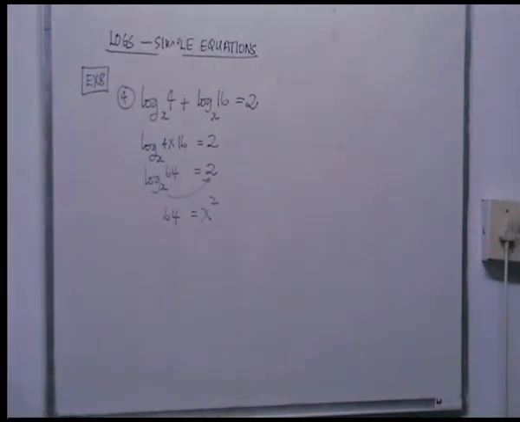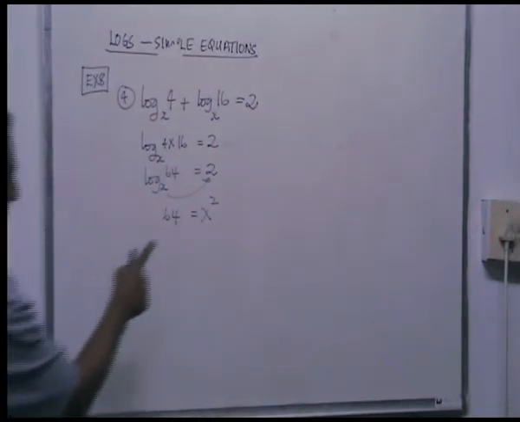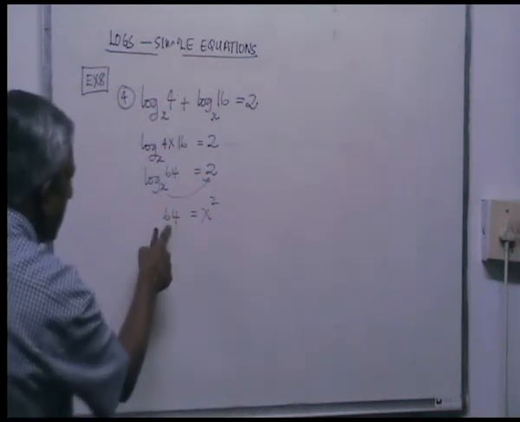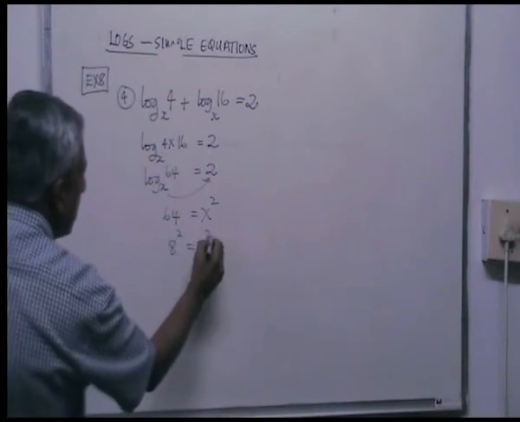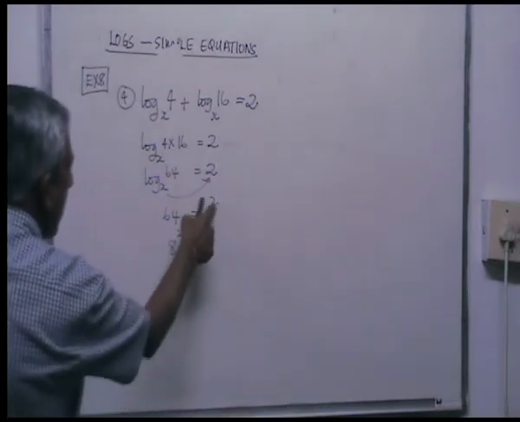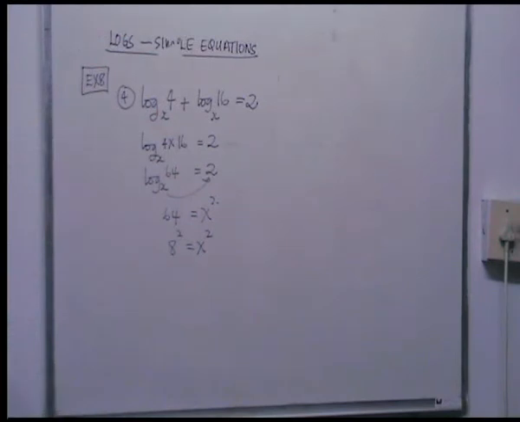Right, now common sense tells you that something squared gives me 64. So 8 squared gives me 64, you see. Something squared is 64. So 64 is 8 squared.